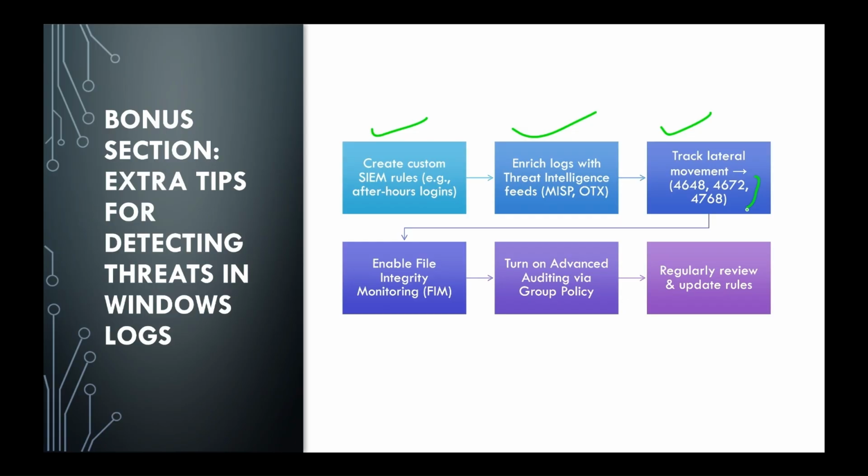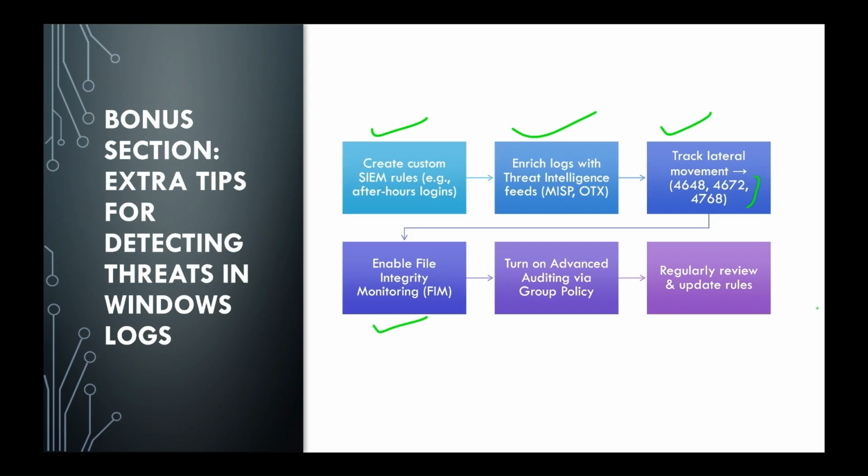Key event IDs to focus on for lateral movement detection include event ID 4648, a logon attempt was made using explicit credentials, event ID 4768, a Kerberos authentication ticket was requested, or event ID 4672, special privileges assigned to a new logon, which could indicate privilege escalation.